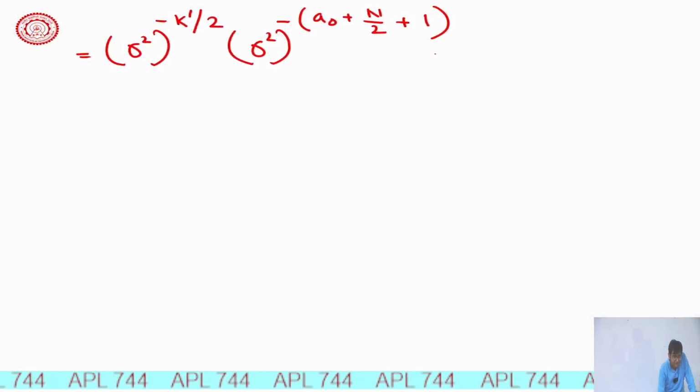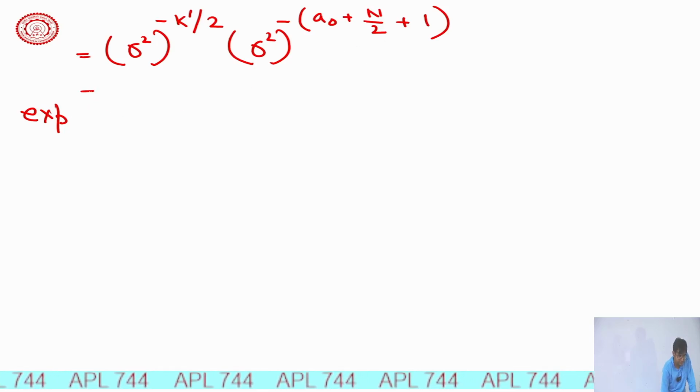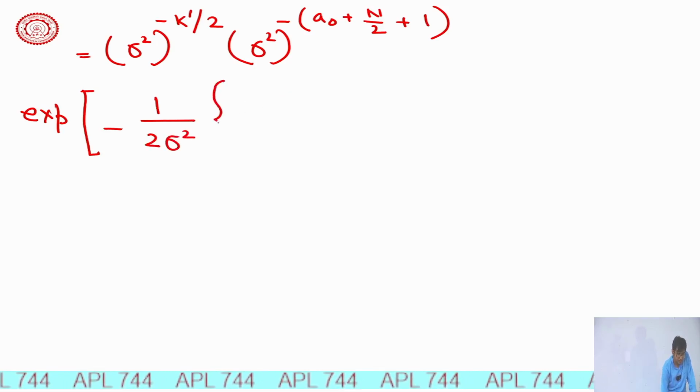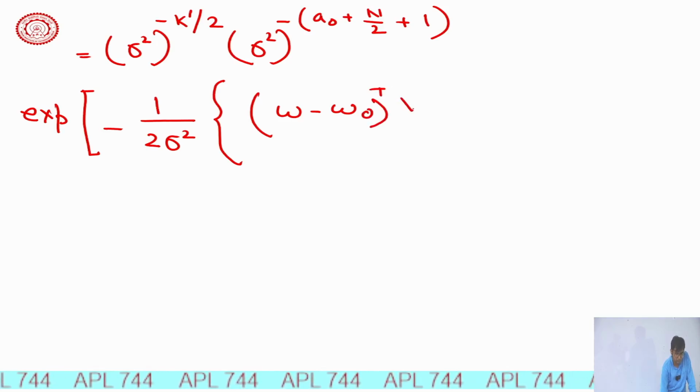And then let me write it here, exponential of the total product that is going on, minus 1 by 2 sigma square, and then you have (W minus W naught) transpose V naught inverse (W minus W naught).